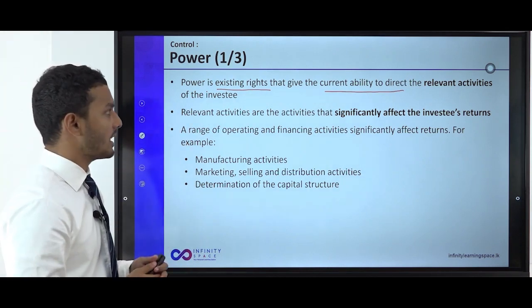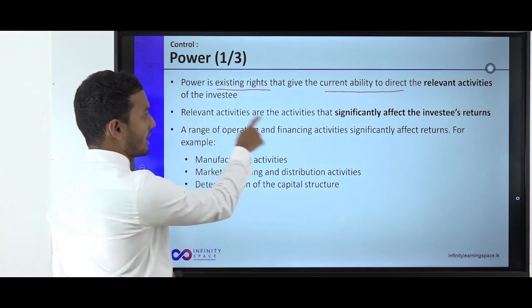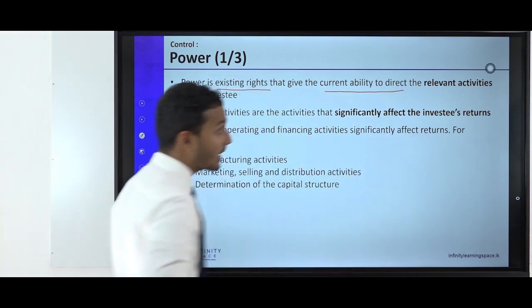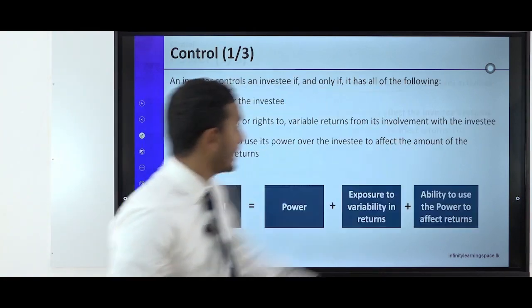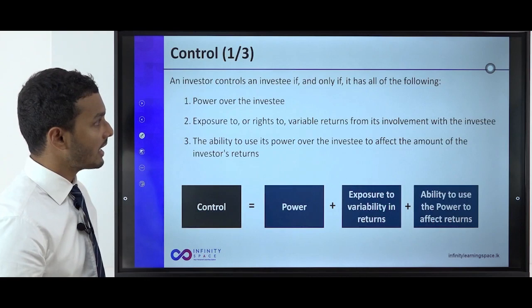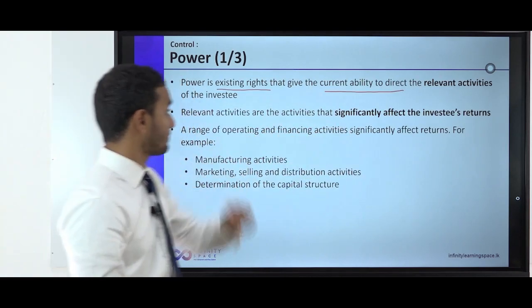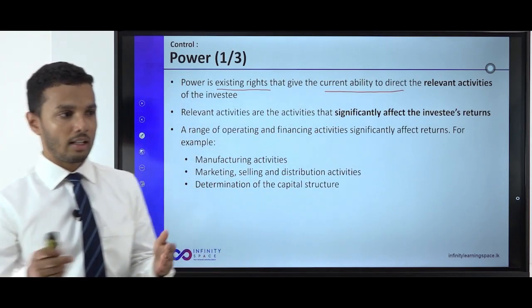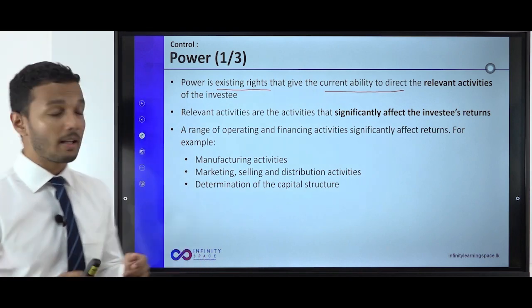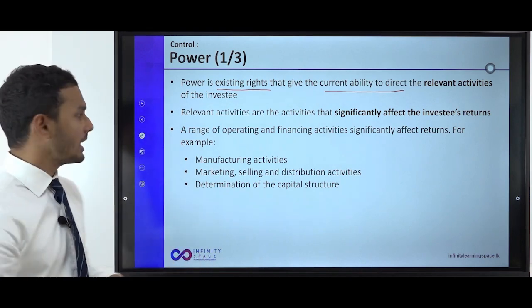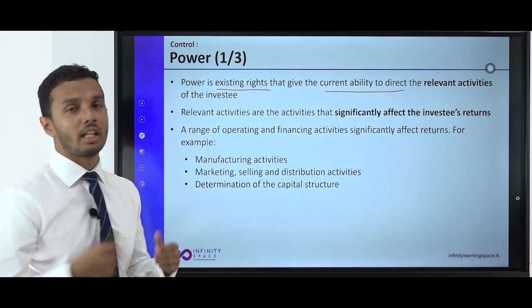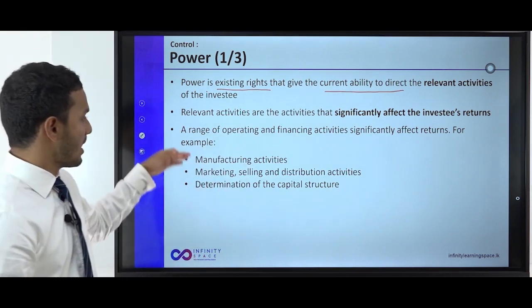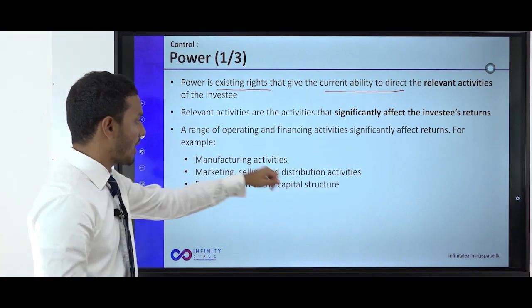Okay, so what are these relevant activities? Relevant activities are defined as activities that significantly affect the investee's returns, right? So remember, investee meaning company B's returns, right? So now let's look at this using an example. Any company has a range of operating and financing activities that significantly affect their returns. Some of the main activities are manufacturing activities.